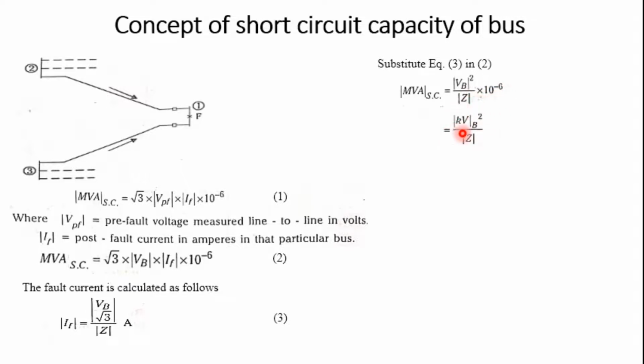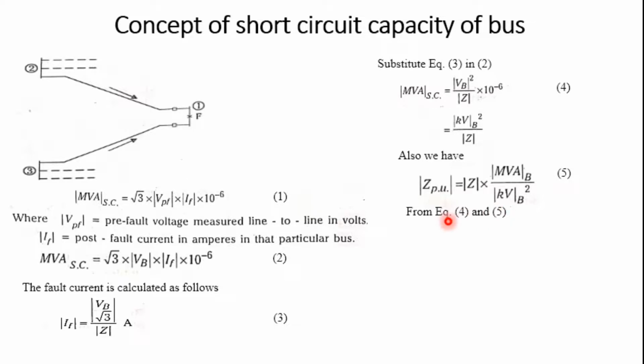This is nothing but KV base square divided by Z. Call this equation 4. Then we also know that Z per unit can be written as Z in ohm into MVA base divided by KV base square. This is equation 5. From equations 4 and 5, we can write MVA short circuit is equal to MVA base divided by Z per unit.